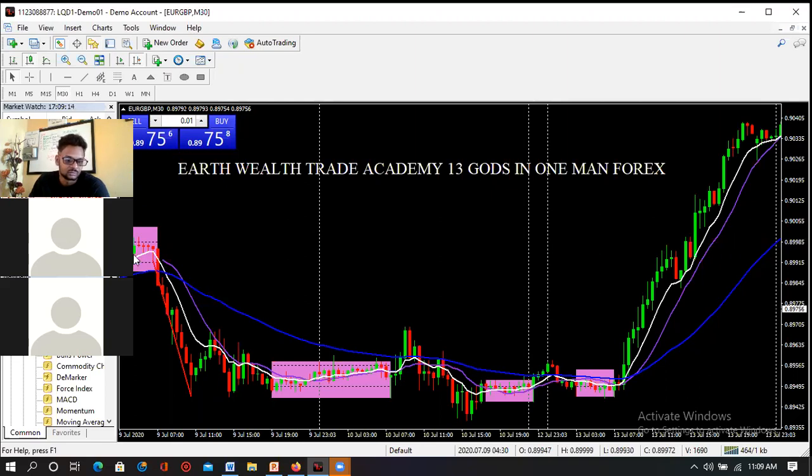So right here, look. It contracts, going sideways right here, and then here it expands. When something expands, it means it gets bigger, right? This big red candle right there is the expansion of the next one before that. It's bigger than this one.